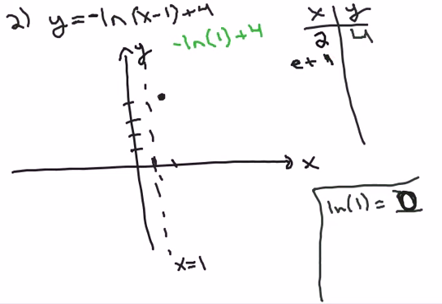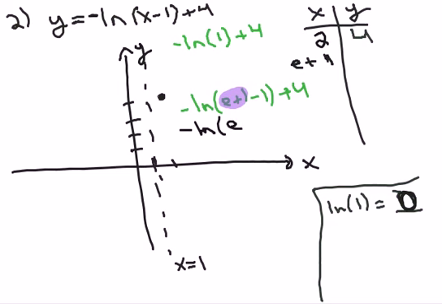So in other words, I have negative ln of, if I were to plug in everything at once, e plus 1 minus 1 plus 4. This is the part that I plugged in, and then I have the minus 1 that's still here. So in the end, this becomes negative ln of e plus 4.